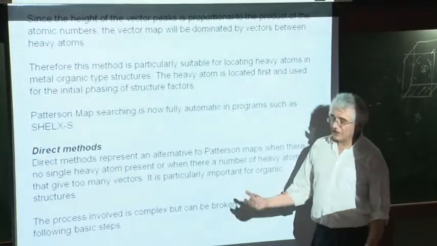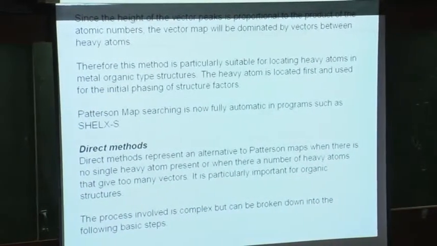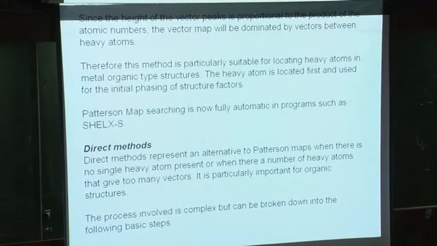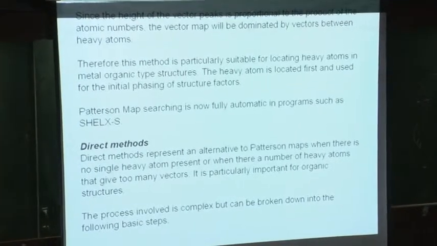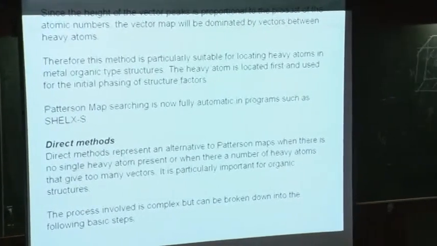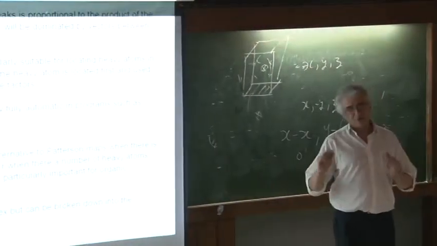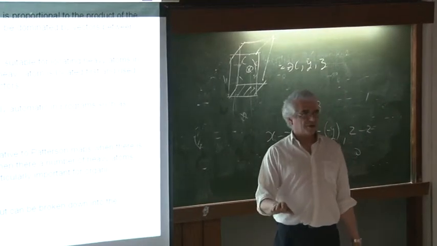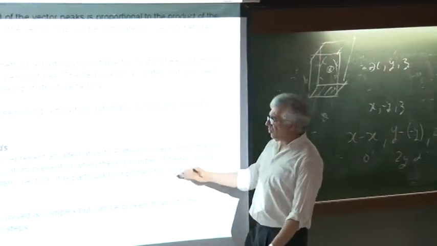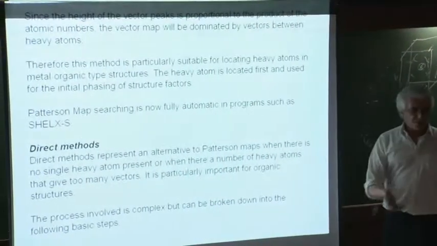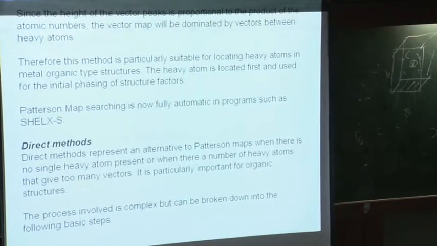Now, the next method is direct methods, and this is horribly complicated, so I'm not going to go into a lot of the theory, but I'll just try to give you a little bit more insight than most people have. Years ago when I was teaching this to students, I would not spend a lot of time on direct methods, but it's used so commonly. This is used when you have structures where there's no single heavy atom, or where you have lots of heavy atoms and you can't distinguish them.